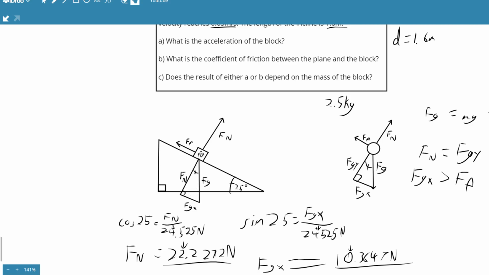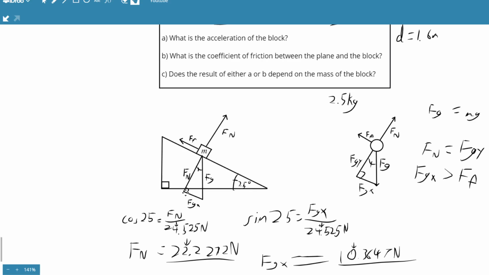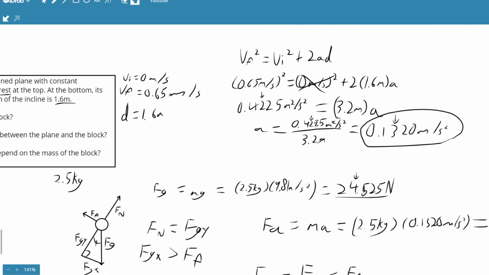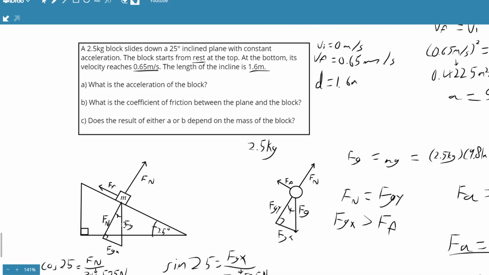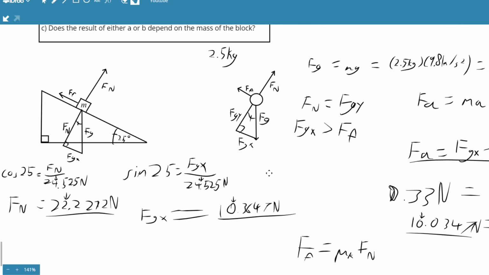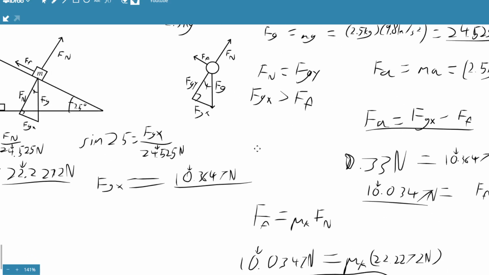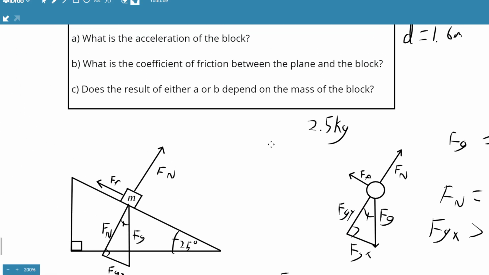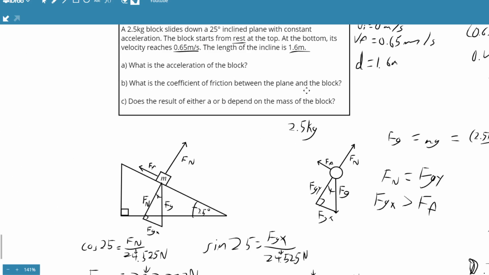So the FGX will increase, and they'll always have a higher acceleration going downwards. But what our answer for B was the coefficient of friction, and the coefficient of friction does not depend on mass. It only depends on the surface of the block and the plane.